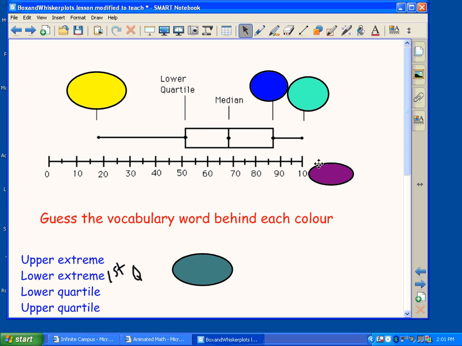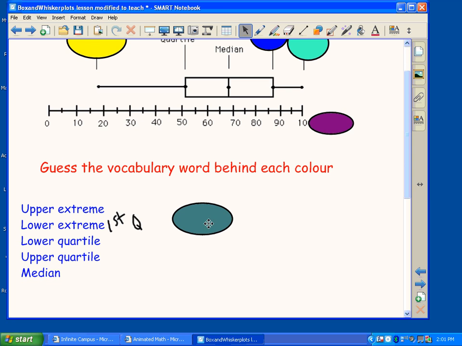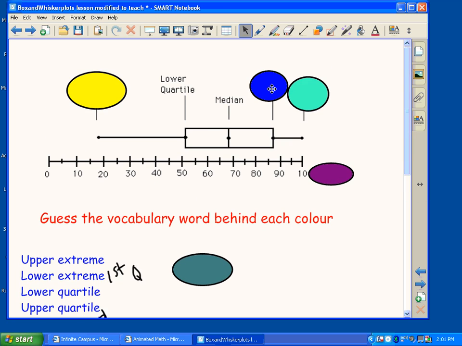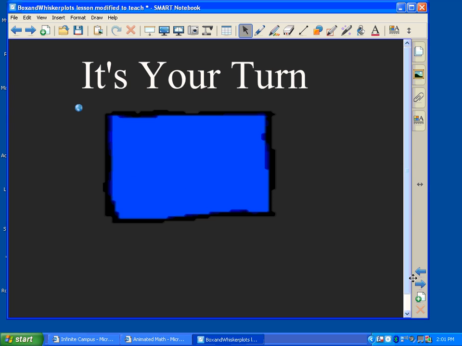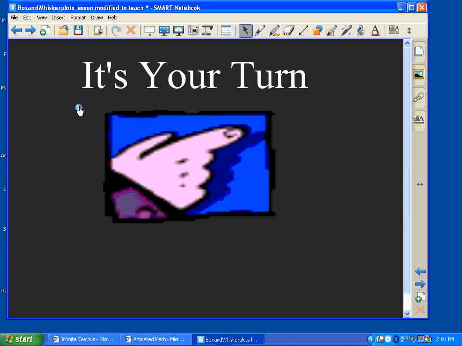Second quartile, also known as the median. Okay, here. Third quartile, also known as the upper quartile. The lower extreme. Got it? Yes.